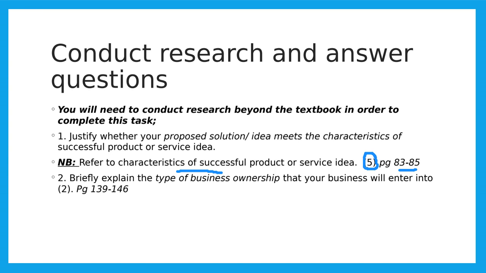If however your product is based on an article that you read, or your product is not your original idea, and there are a few students like that, then that would need to be referenced, because that's not your idea. But if the product is your own idea, you would not need to reference the actual product. You are going to reference the theory, the textbook, the article where you found the characteristics.